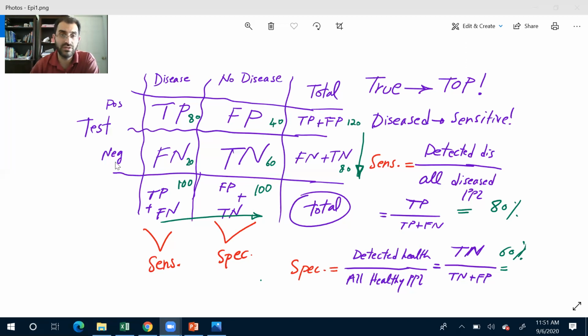What about the columns? Always, always, always: disease, no disease. Stomach cancer, no stomach cancer. Osteoporosis, no osteoporosis. Lung cancer, no lung cancer. Endometriosis, no endometriosis.